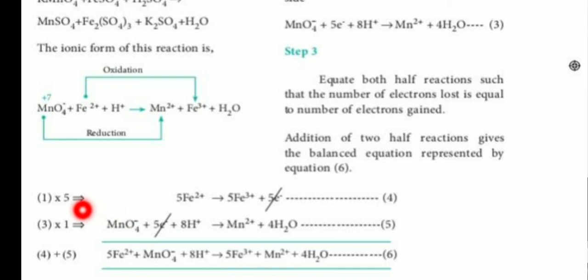Equation 3 multiplied by 1: MnO4 minus plus 5 electrons plus 8 H plus gives Mn2 plus plus 4 H2O. The 5 electrons cancel. Therefore the reactant side is 5 Fe2 plus, MnO4 minus and 8 H plus, and the product side is 5 Fe3 plus, Mn2 plus and 4 H2O.